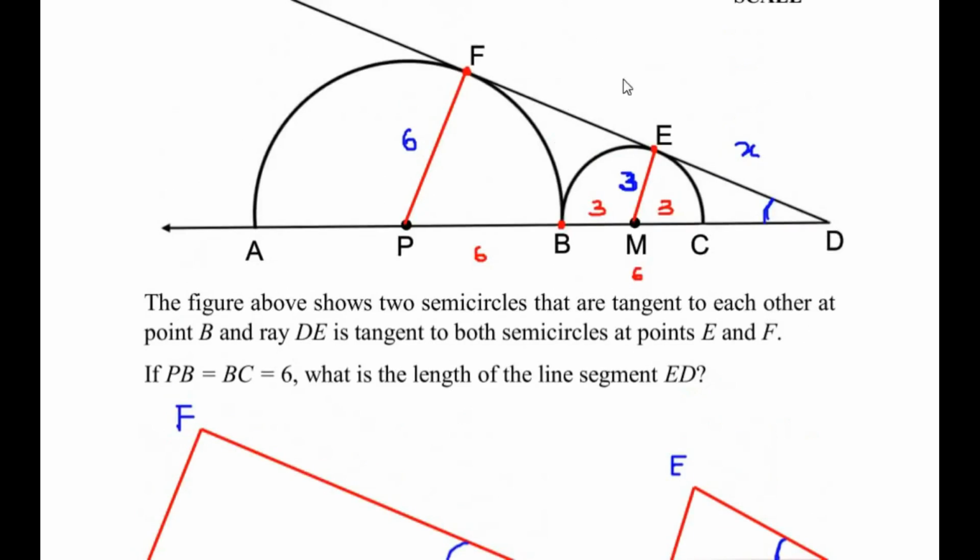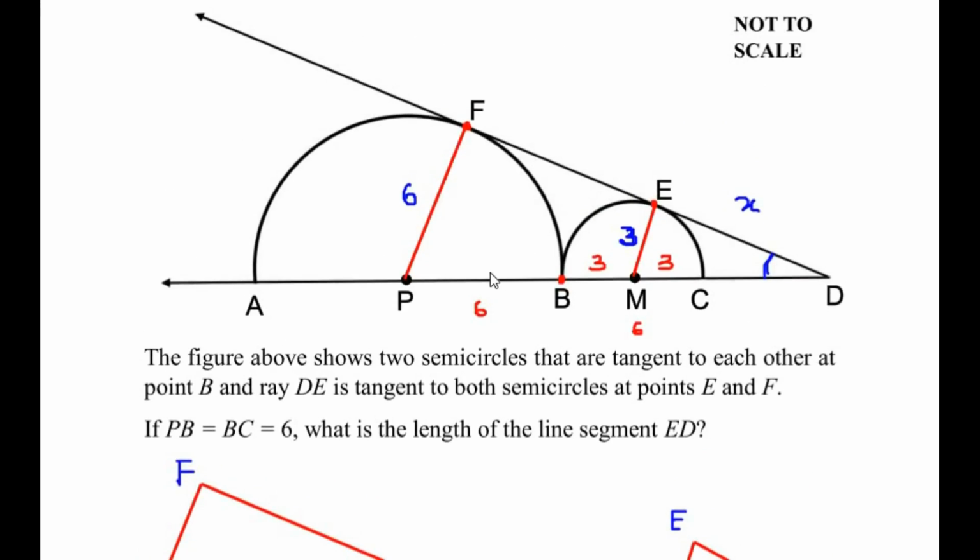Now let us check at the angle F and angle E over here. Now we know that DEF is acting as a tangent to the given two semicircles and PF and ME are the radius. So using the radius tangent theorem, we know that the radius always makes a 90-degree angle with the tangent. So angle PFD becomes 90 degree.